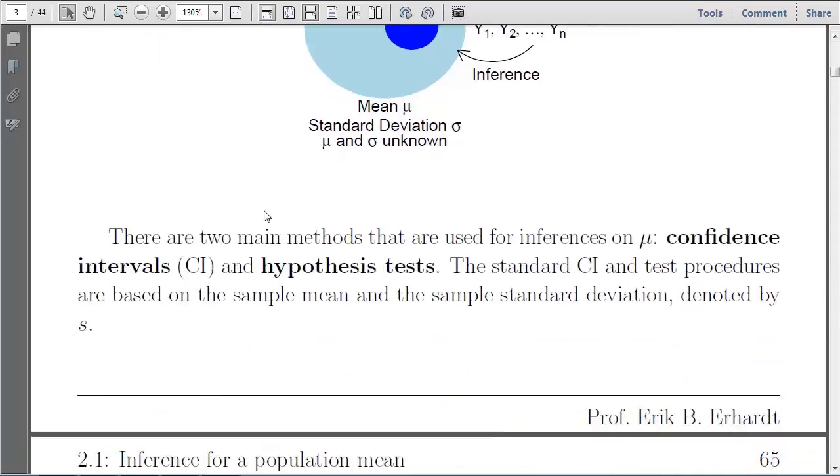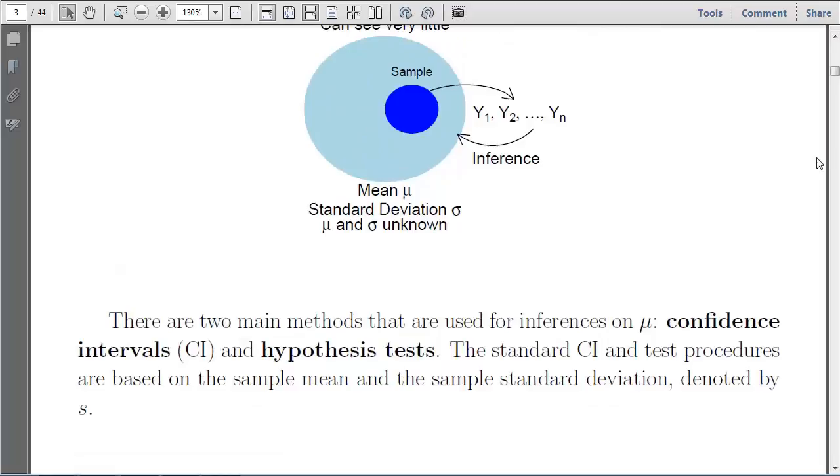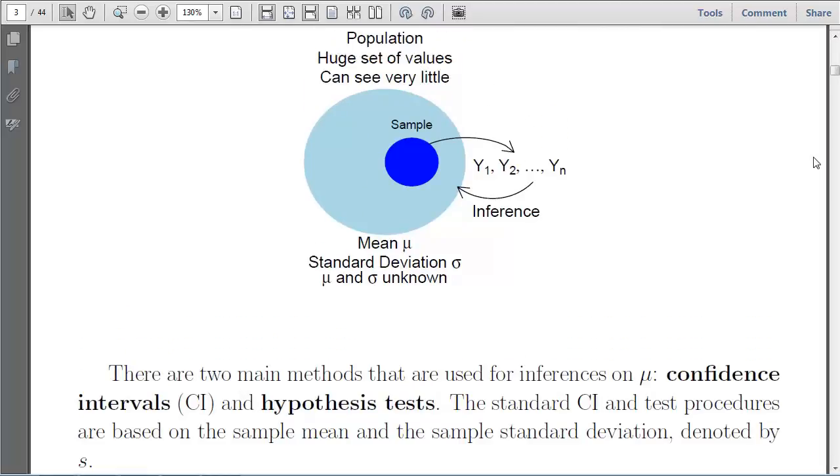The other strategy we'll use is a hypothesis test. That's when we're interested in asking a question and having an answer. For example, is the population mean equal to 0?